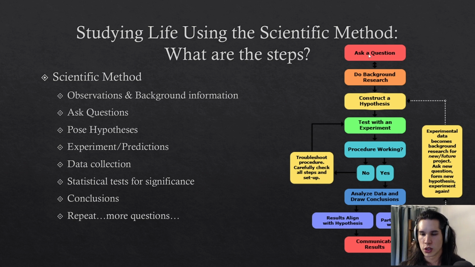So here is just a flow chart. You ask a question, you do background research, you construct a hypothesis, which is typically formalized as an if-then statement. Then you test that with an experiment, and then hopefully your procedure is working. You analyze the data, draw conclusions, and you either accept or reject your hypothesis.